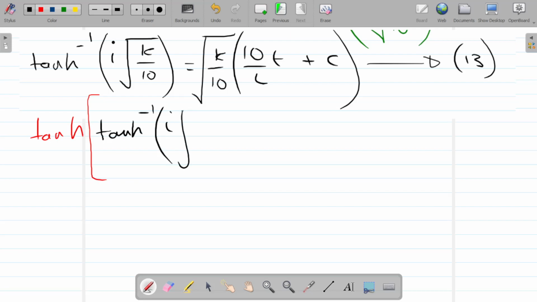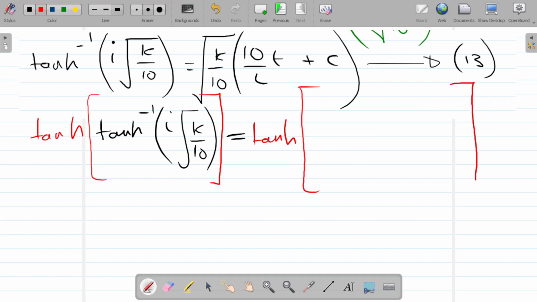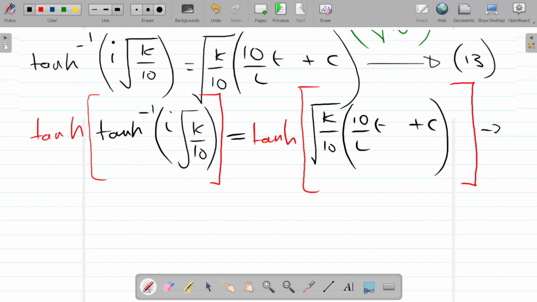So I times root k over 10. Let's just put a red bracket around that, black again, and that's equal to the hyperbolic tangent of, in brackets, let's see if we can squeeze this in, root of k over 10 times 10 over L times T plus C. We'll call that equation 12, right?